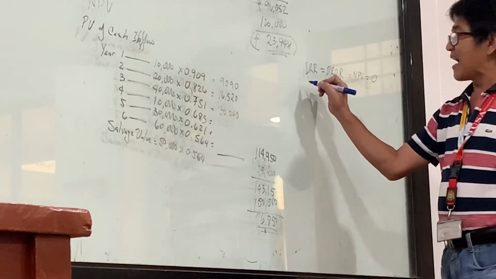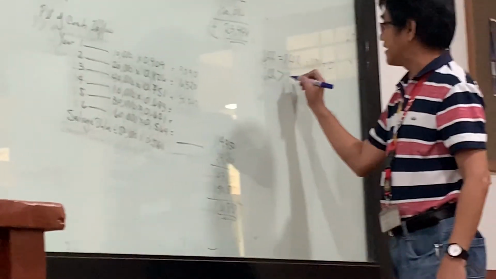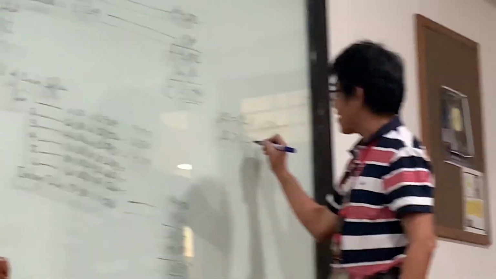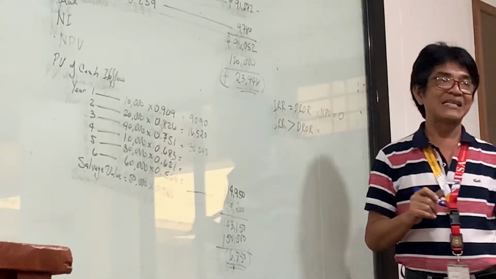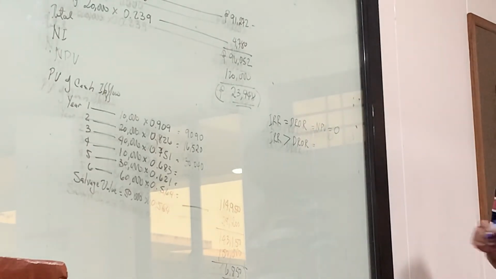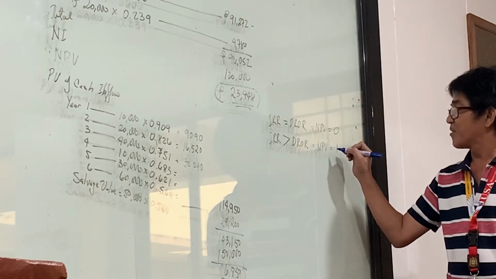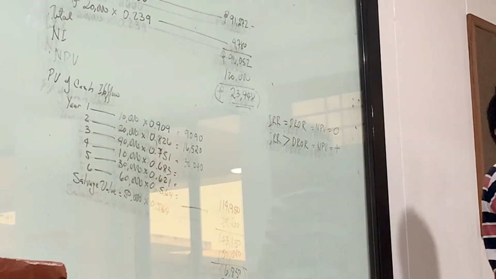When your IRR is greater than your DROR, your net present value is positive.